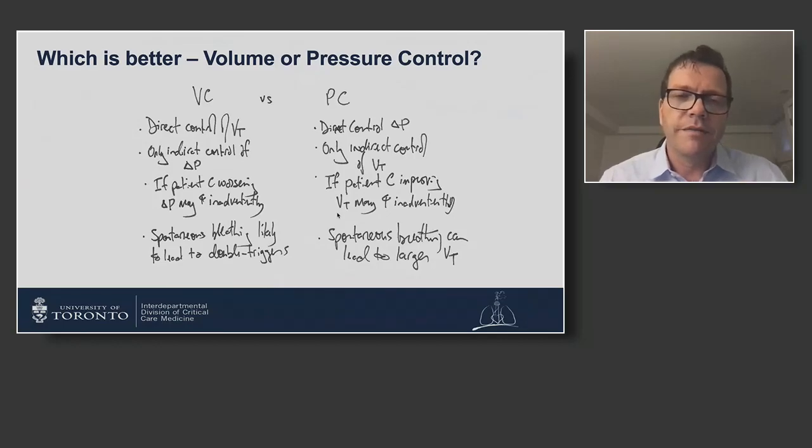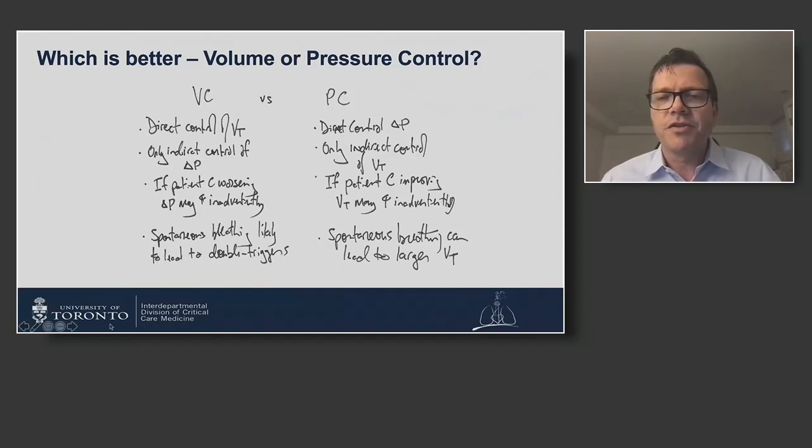There's also a factor to consider once the patients are starting to breathe spontaneously. With volume control, because you've set a predetermined inspiratory flow pattern and volume, patients might not like that. And if they have a high drive, spontaneous breathing may result in double triggering, which essentially is like a double breath, which is bad for the lung.